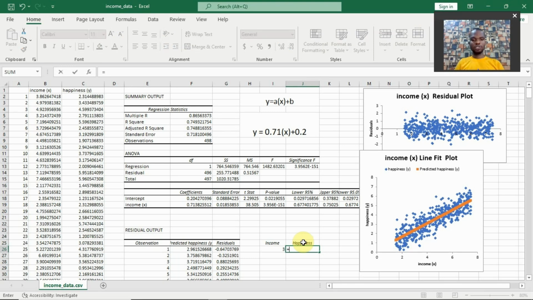So we say our model will be equal to 0.71, which is the coefficient of x, times your income value, plus the value of your intercept.